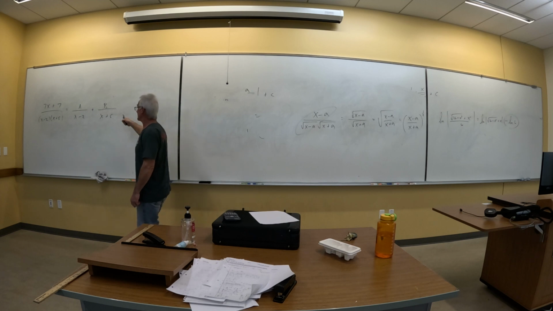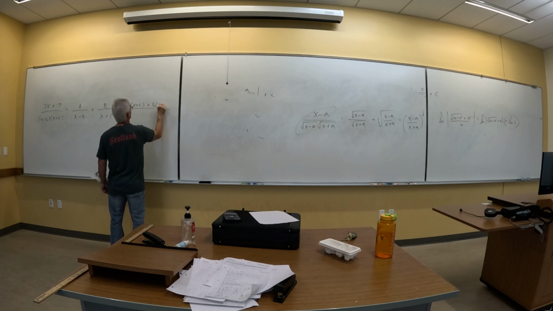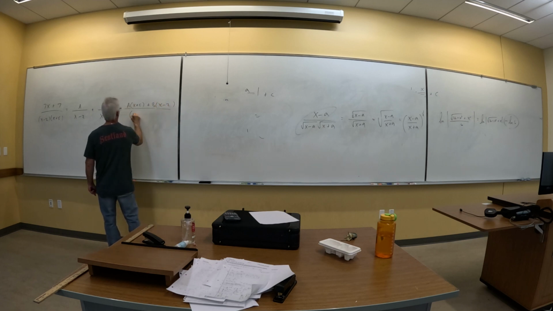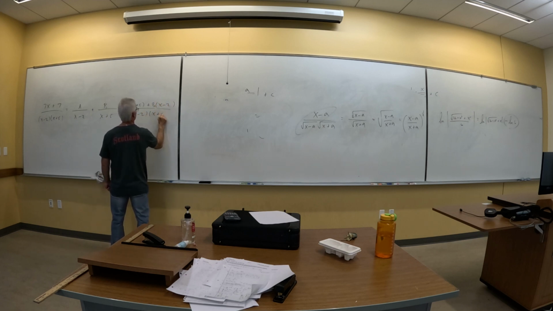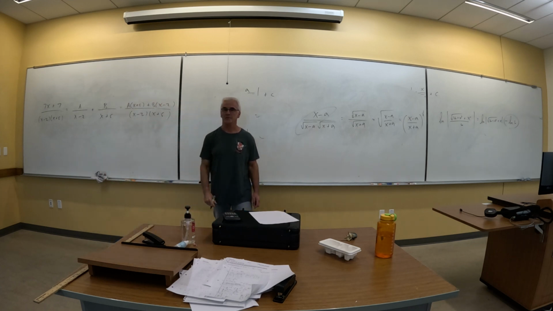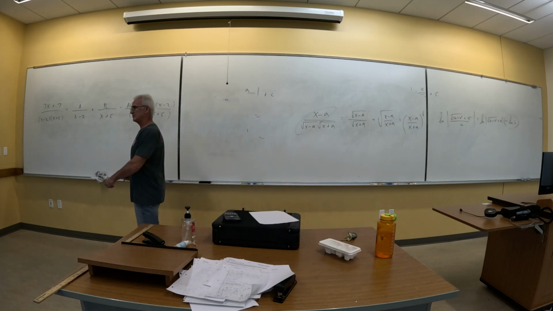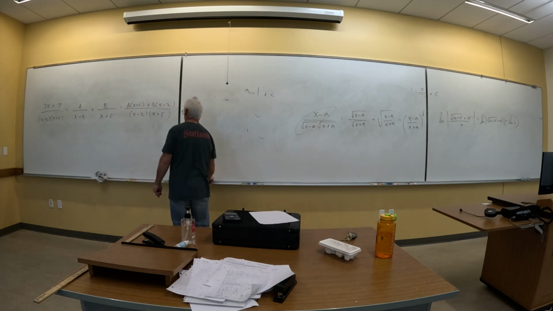So the first thing we would do is, let's take the right side and make it over one common denominator. That's the first step. So just like before, we'd have A times x plus 5 plus B times x minus 2. Okay, everybody okay with that step? Now, the quantity on the far left and the quantity on the far right, we're equating them. But since they have the same denominator, then aren't we just equating numerators? And the only way I can solve this is to equate numerators.